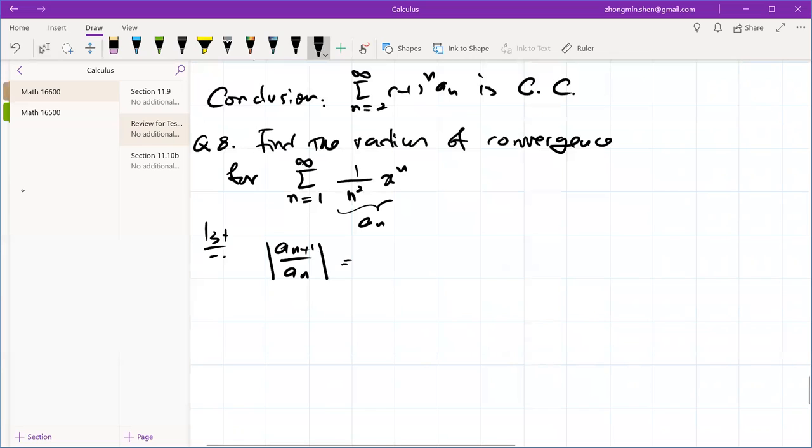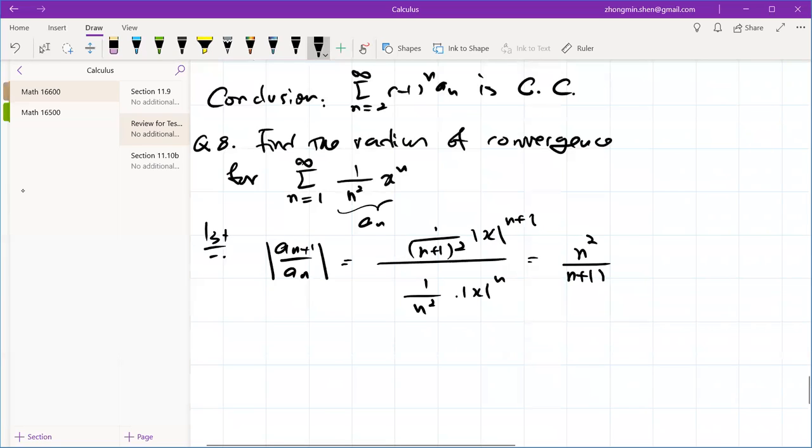So it's going to be 1 over (n plus 1) squared times absolute x to the n plus 1, over 1 over n squared times absolute x to the n. After simplifying, you will get n squared over (n plus 1) squared times absolute x. The x to the n cancels out.